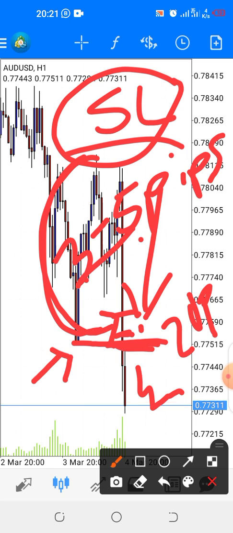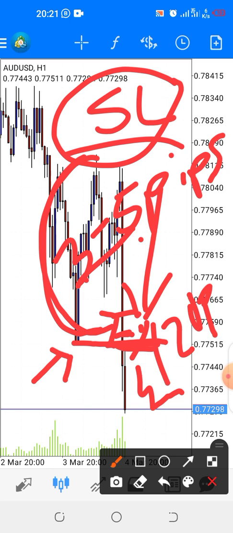Just a range, you'll see which is comfortable for you. I prefer 15 pips to give it room. Maybe there might be a little bit of pullback before the continuation to the downside. So it's up to you, but that's the ideal range.